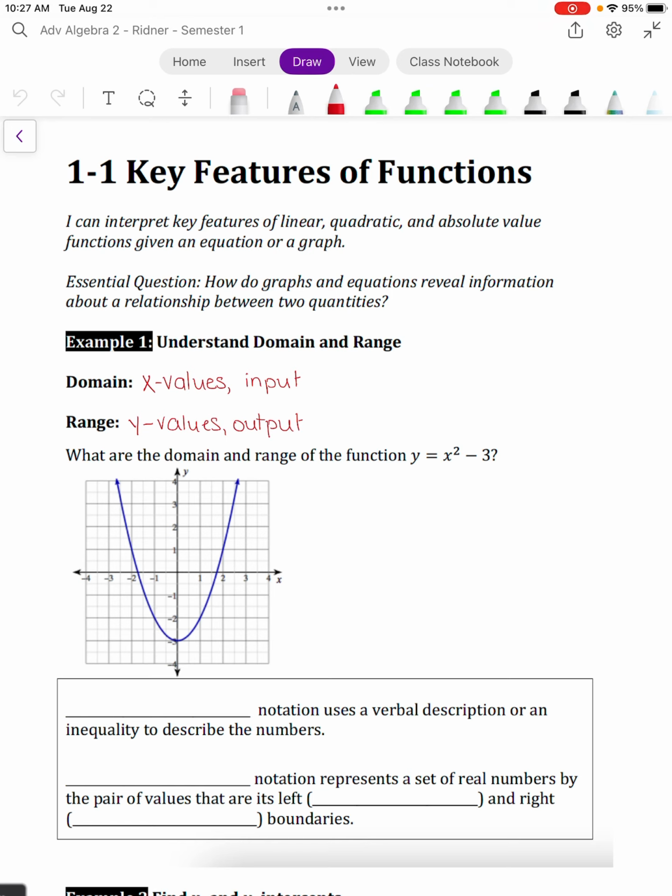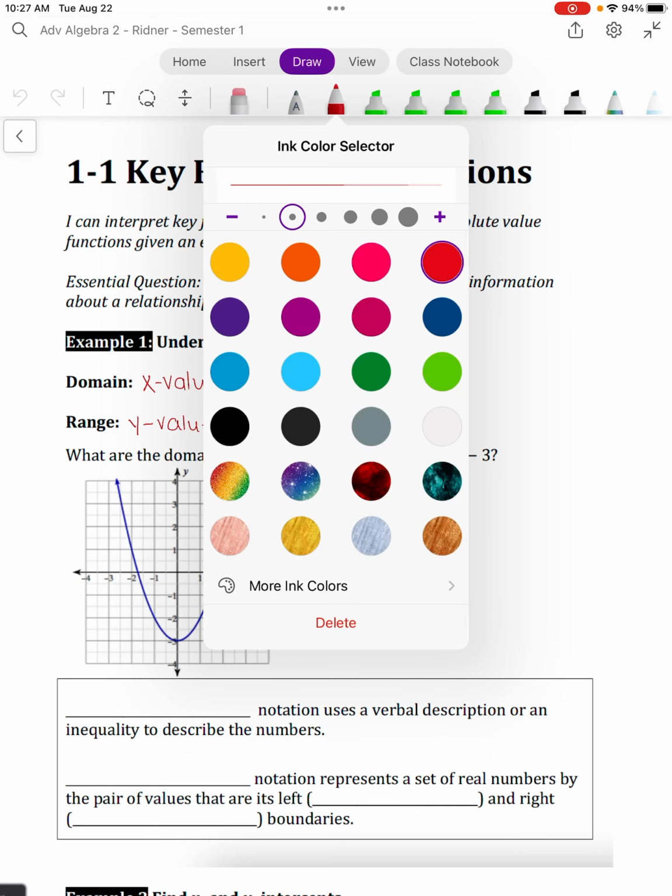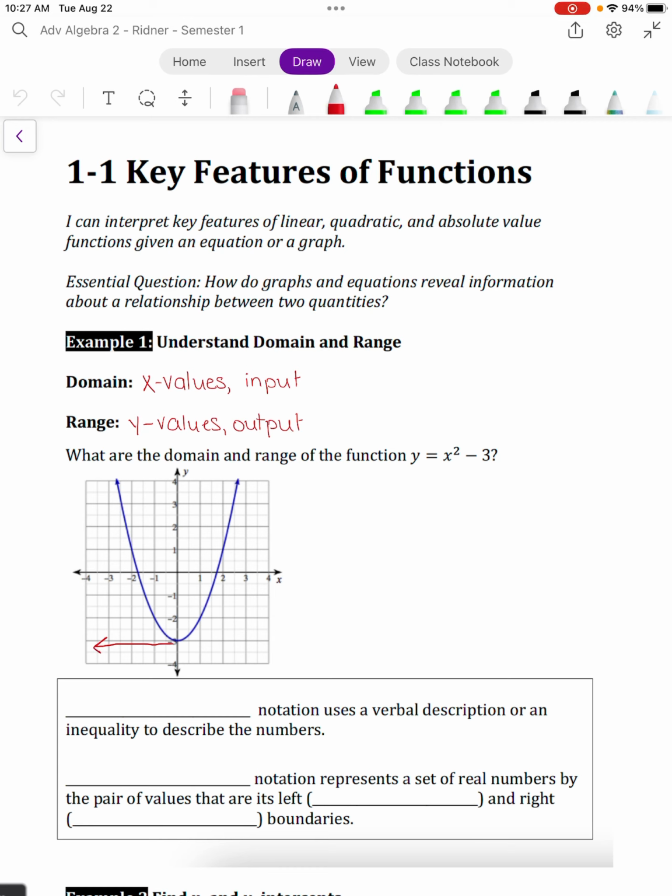So in this example, it asks what are the domain and range of the function y equals x squared minus 3, and it gives you the graph. By looking at the graph, it makes this slightly easier. So what we want to know is how far left and how far right does this function go.